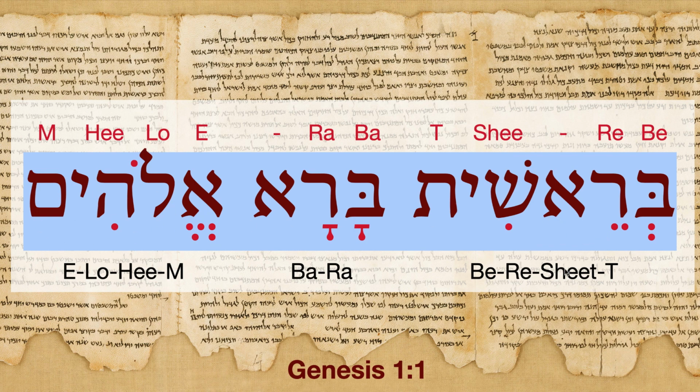But Bereshit, this be is a preposition. It's like a prefix in front of the word Reshit, and Reshit is the beginning, and Bereshit is in the beginning. There is no the in the beginning. It's just that in English we say in the beginning. You can say in beginning, literally speaking.